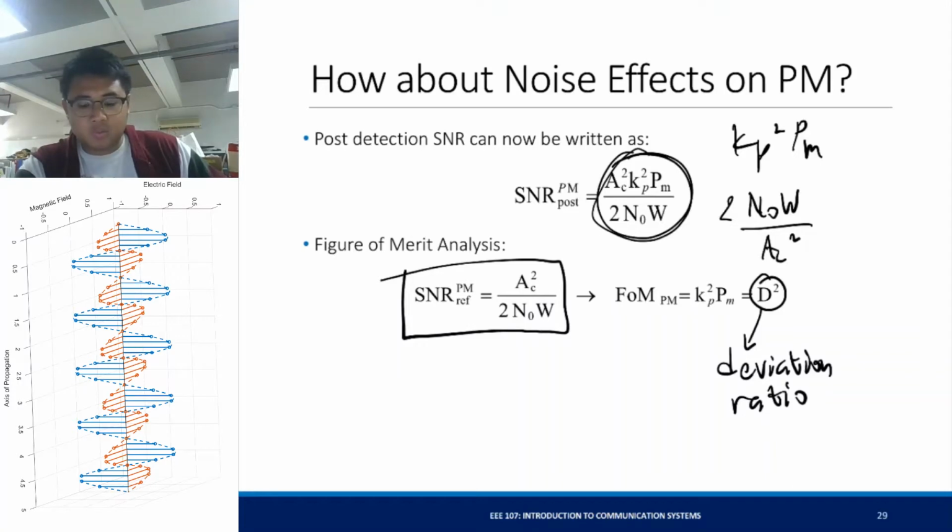And that is true on FM and PM over your AM modulation. A trade-off is that it's very complicated to implement an FM and a PM system compared to an AM system, as you can see. For an FM and a PM system, you need a lot more just to build them and make them work.